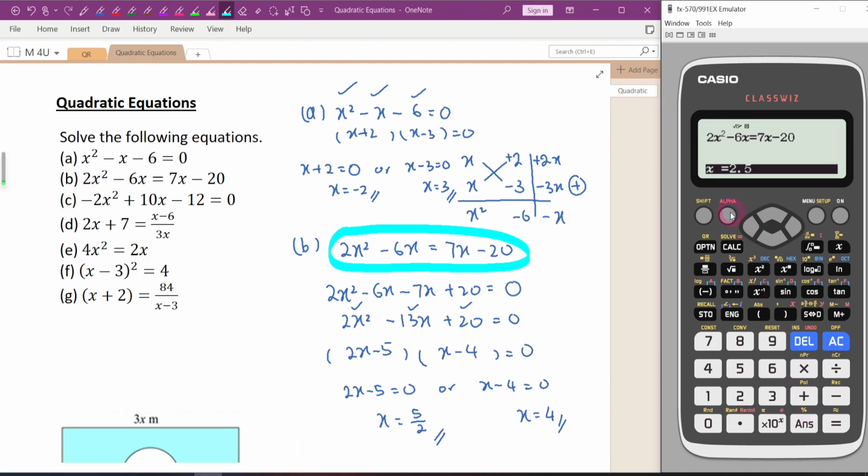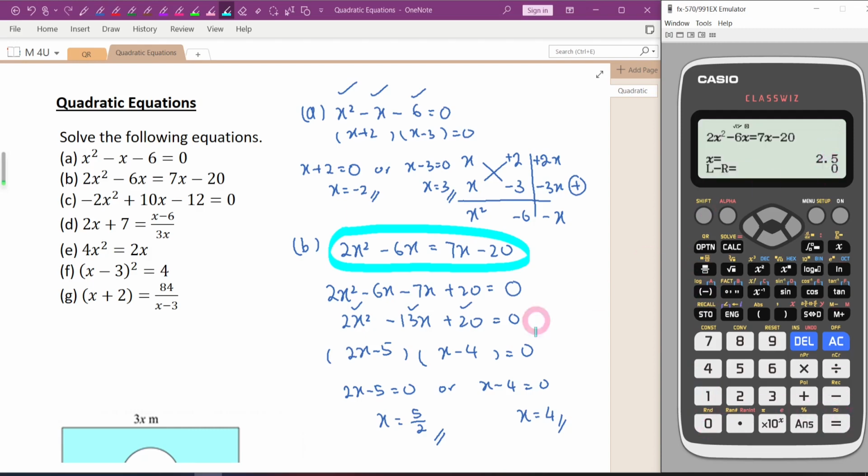But if you do it this way, the calculator asks us for a starting guess. Let's say I choose 1000. You get 4, which is this one. Ask the calculator to solve again. This time I'm going to choose negative 1000.